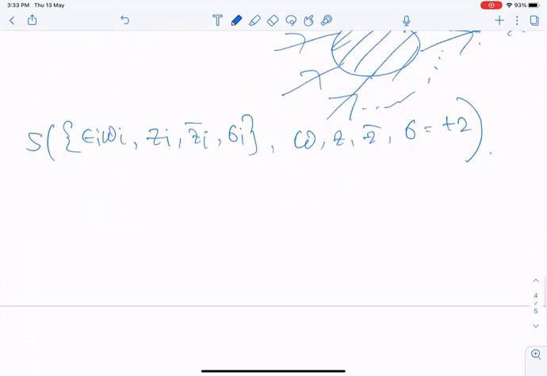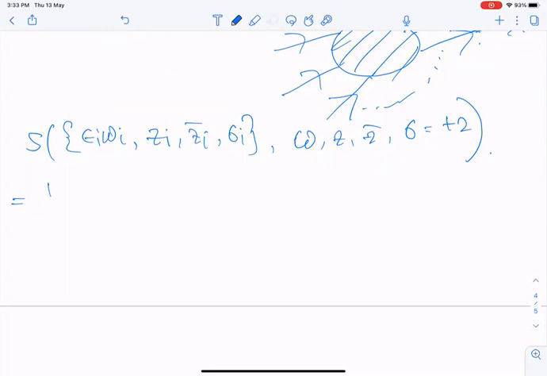So this amplitude can be expanded in powers of omega, and the expansion starts with a pole in omega.